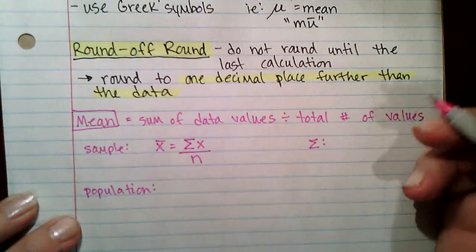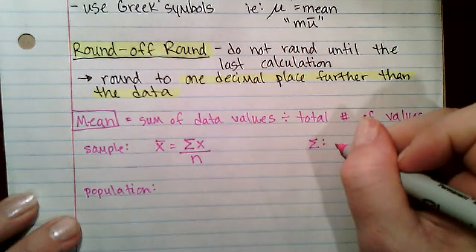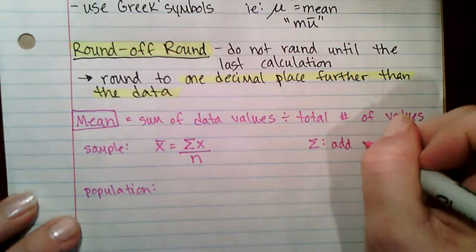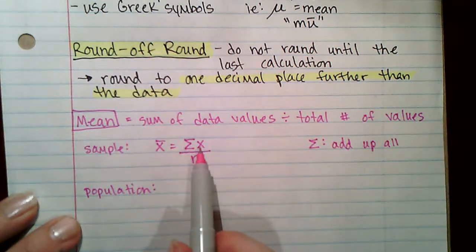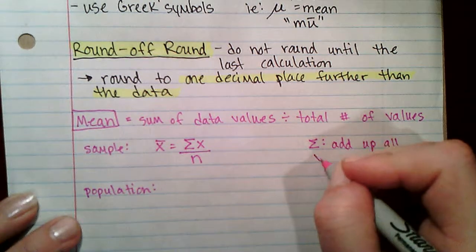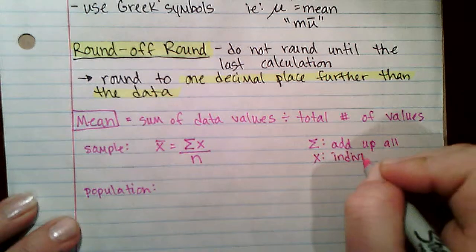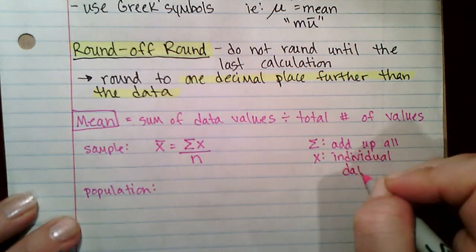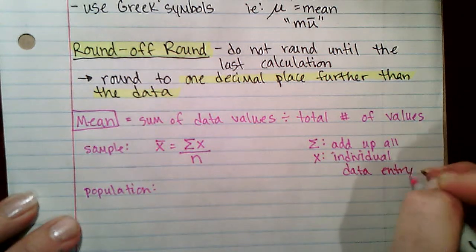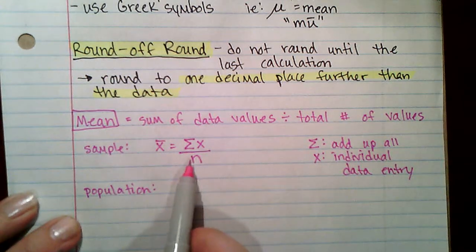It's the symbol for summation. It's a capital sigma. And so what it really means is add up all or find the sum. So what we're adding up is the x's. So the x stands for an individual data entry. So this means add up all of the individual data values and then divide by n.